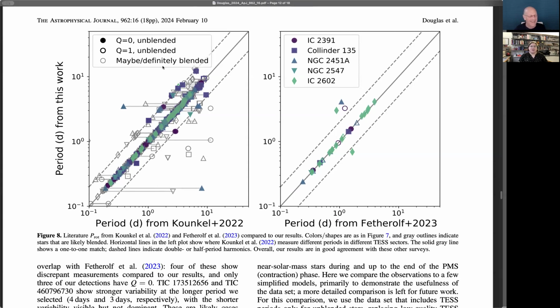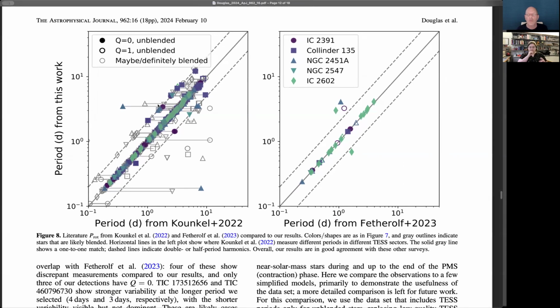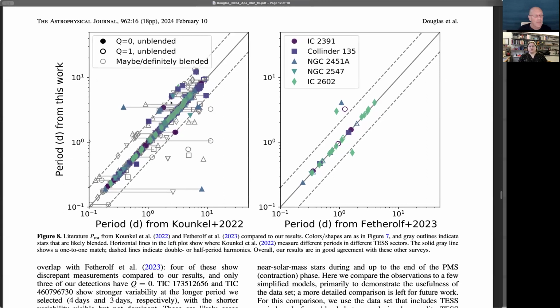Overall, our periods end up being very consistent with the periods from these other literature studies. Kunkel et al. listed a period for every sector for a given star, so those are the horizontal lines. That's why sometimes we agree with their results and sometimes not. A lot of the ones where we don't agree are blended, which are the gray symbols. Good to raise that.